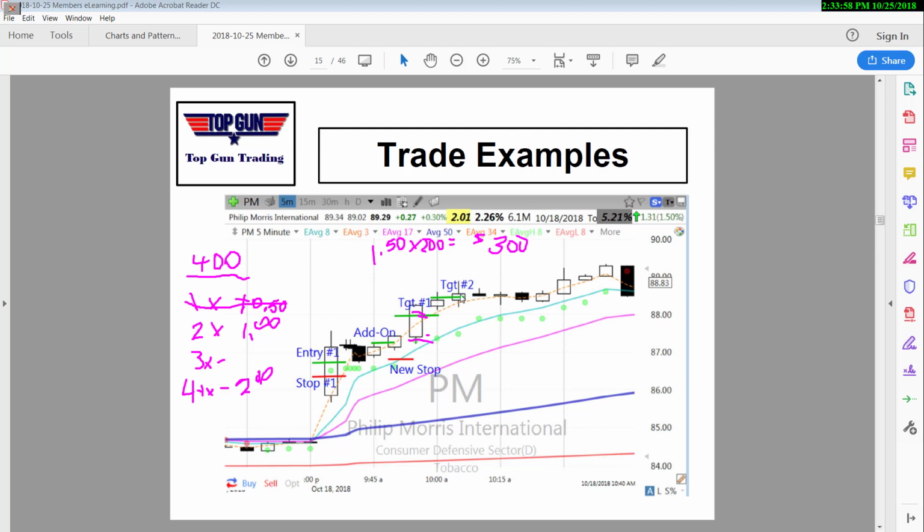Well, in this case, I saw some weakness, and I took, and I told people what I was doing, that at 88.50, I had $2 in the trade, I had 4 times risk, and I had a 3 times risk. So overall, I had an average of 3.5 times the risk. All right, so we had $300.